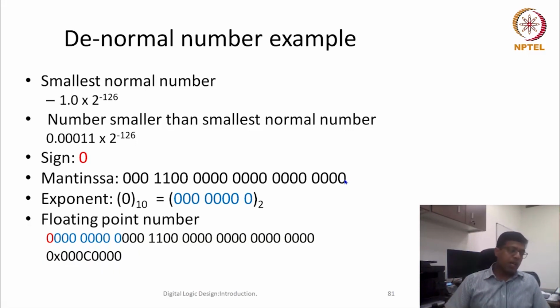So what would happen, let's say I have a lot of d-normal numbers, or a lot of numbers which are lesser than 10 to the power minus 38, or more numbers which are more than 10 to the power 38. I want to represent the mass of the universe, or do something which involves very, very large numbers. Or let's say we have a third scenario, that the precision of 7 decimal digits is not sufficient.